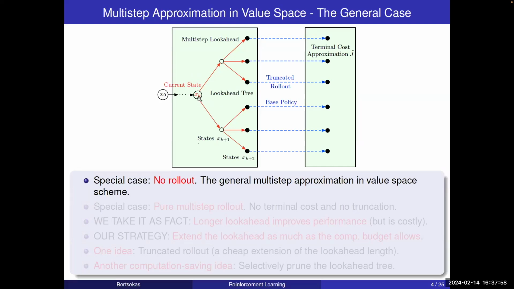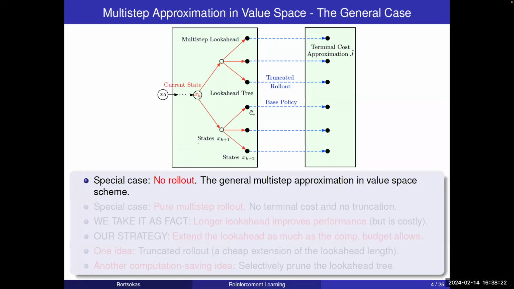The nodes in this tree represent states that we can visit, and the arcs of the tree represent controls being applied at a certain state. So for example, we can apply a control at xk and arrive at a state xk+1. We then build this tree down to a certain limited depth, and we have then leaf nodes here.